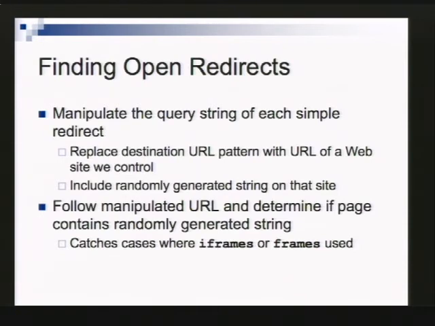So we have our own web server. Any link that was a true, simple redirect, we replace it by our own page. If the link actually takes us to our own page and not the destination that originally was there in the link, then it is open, right? It's open because you can manipulate the destination and take people wherever you feel like.